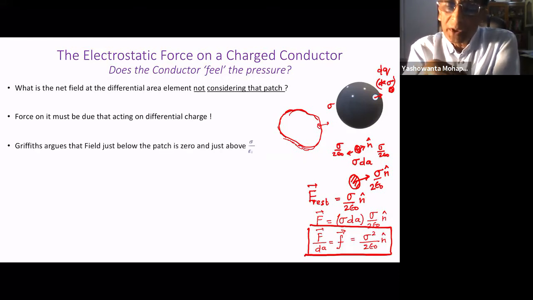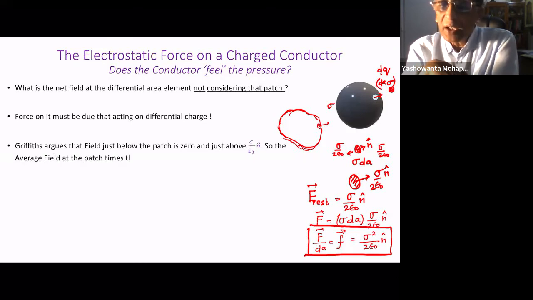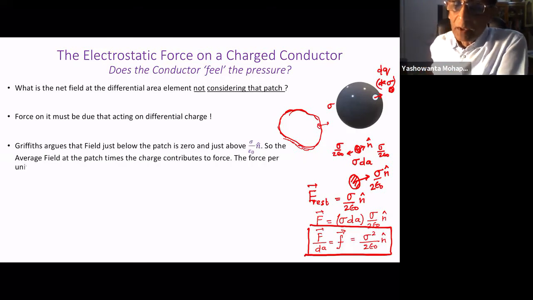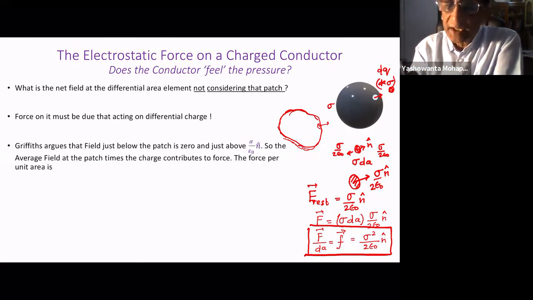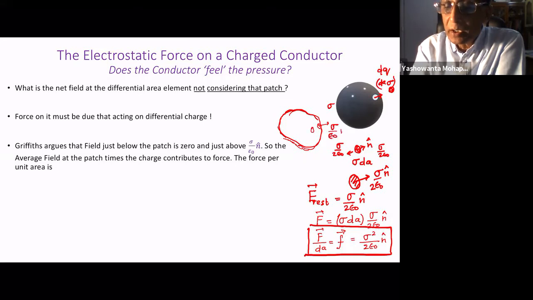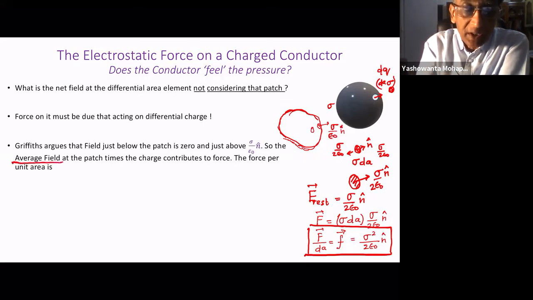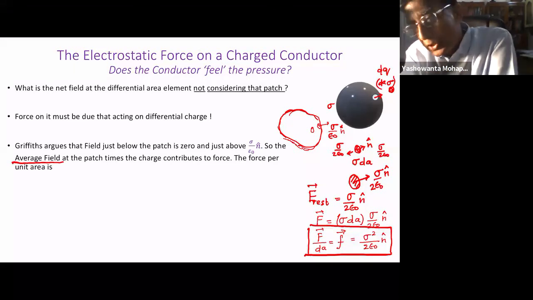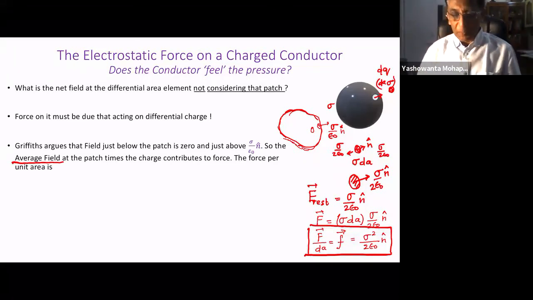Griffiths argues a little bit differently, saying that inside it is zero, and sigma by epsilon naught just outside, and hence the average field which contributes to the force on that patch should be the average of 0 and sigma by epsilon naught, and that is sigma by 2 epsilon naught.